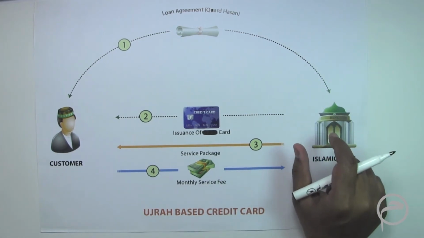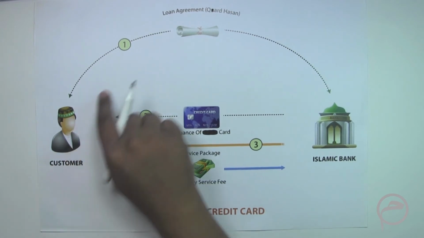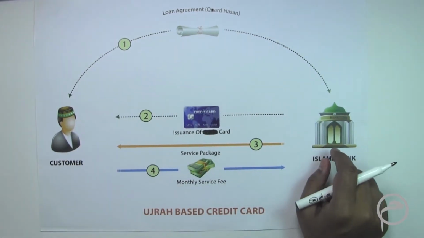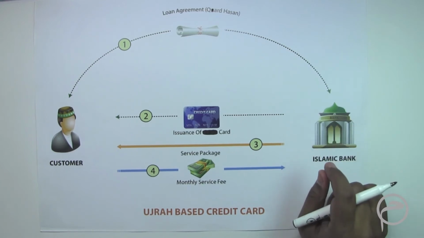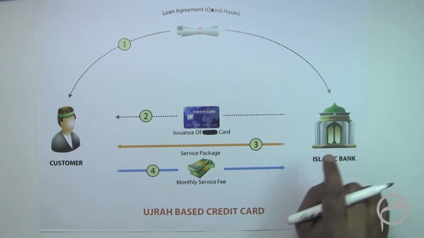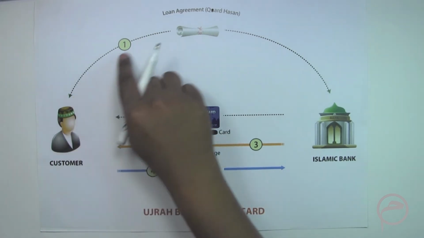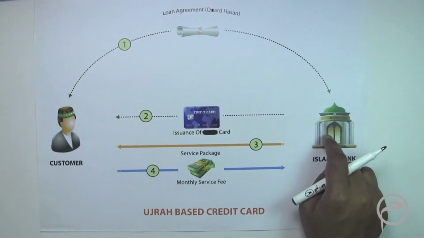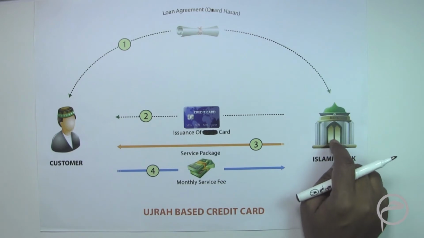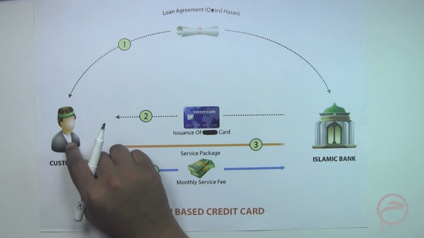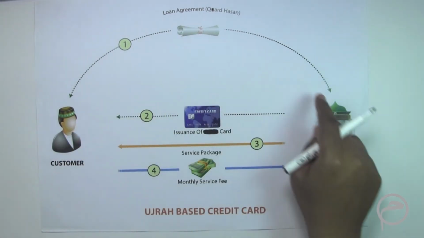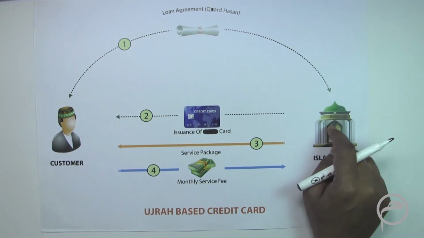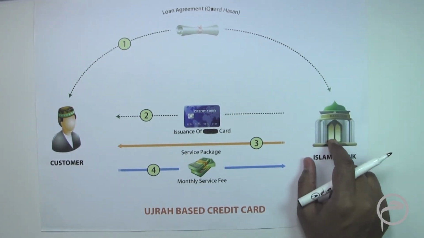This is a Sharia compliant loan, and I call it that because in this agreement there is no interest charged by the bank to the customer. If the customer enters into a Sharia compliant loan, the bank provides a facility of, for example, $100, wherein the customer can use that $100 and return the $100 to the bank. What does the bank charge?